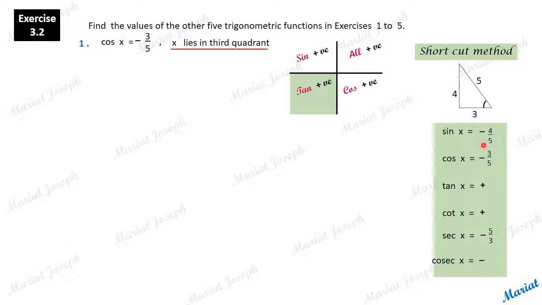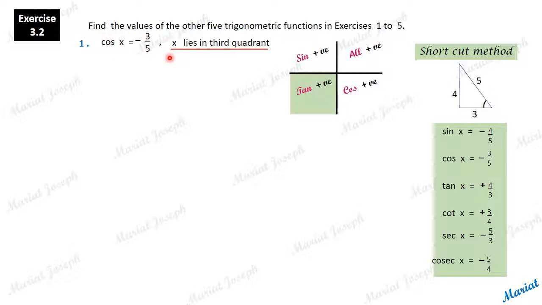So, sin x is ready. Let's immediately write its reciprocal, cosec x. Cosec x value is minus 5 by 4. And tan x, opposite side by adjacent side, 4 by 3. Cot x is 3 by 4, its reciprocal. We are ready with all 6 values as we were asked to find.